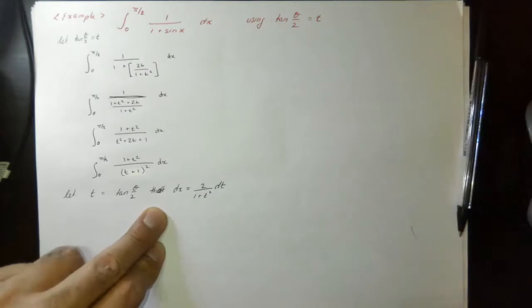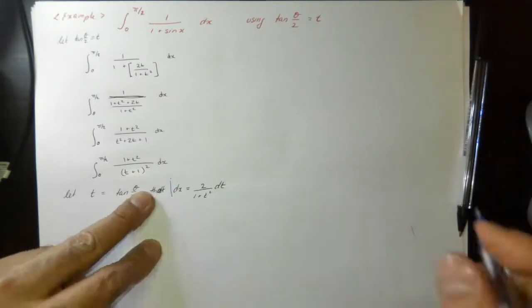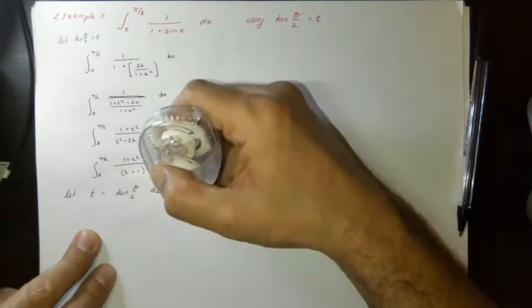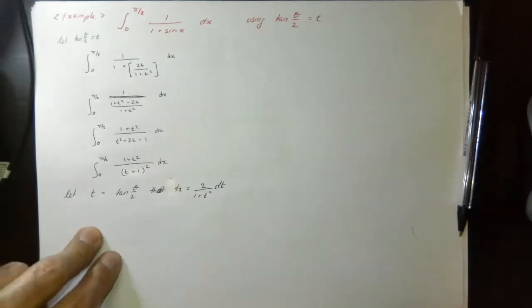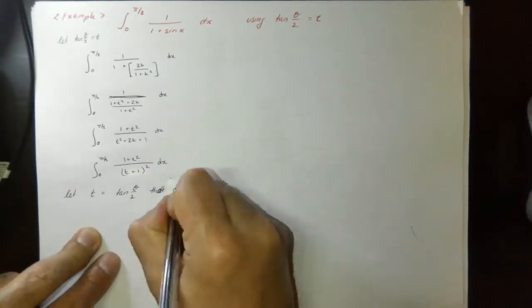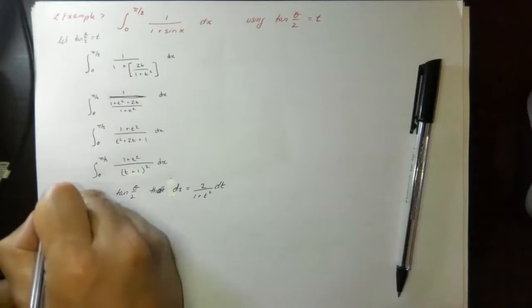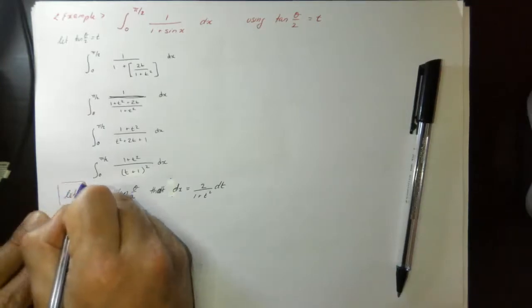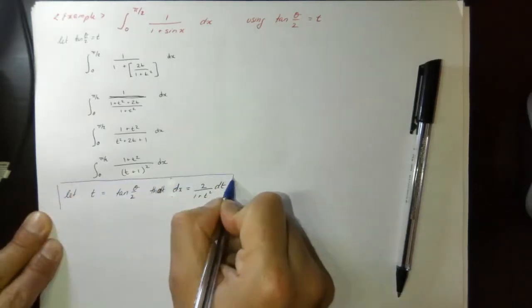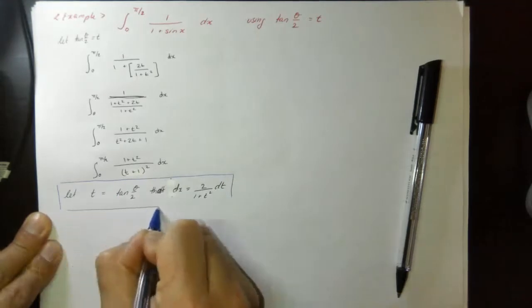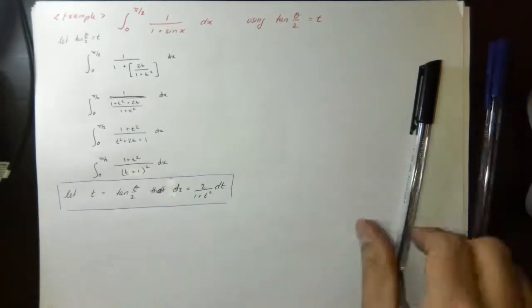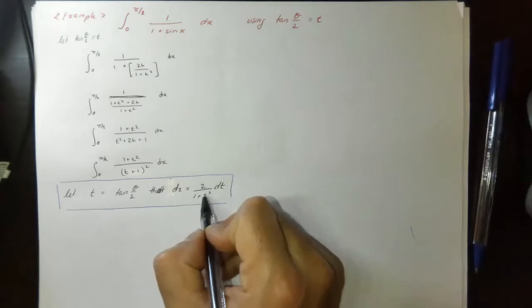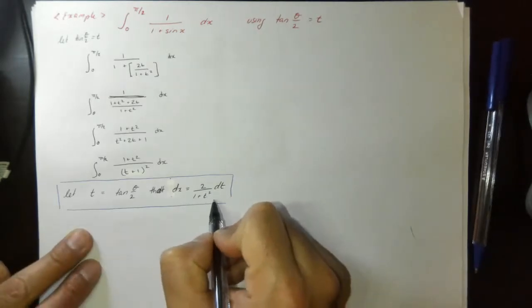And I think that's a good one to remember. So when using the t formula, when you take the derivative of tan alpha on 2 and make dx the subject, you get 2 over 1 plus t squared dt.